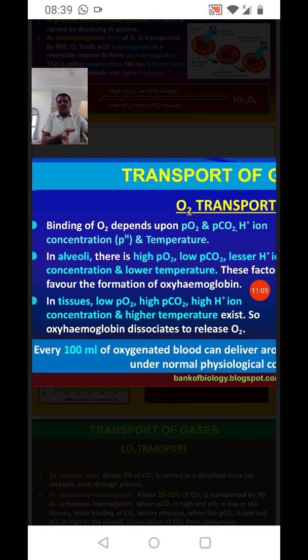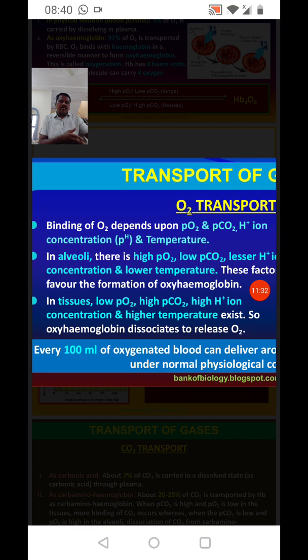In the tissues, oxyhemoglobin dissociates into hemoglobin and oxygen, and this dissociated oxygen diffuses into the cells. Got it? That means the place where the partial pressure of oxygen is high, there hemoglobin combines with the oxygen.